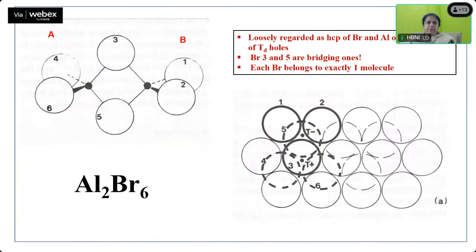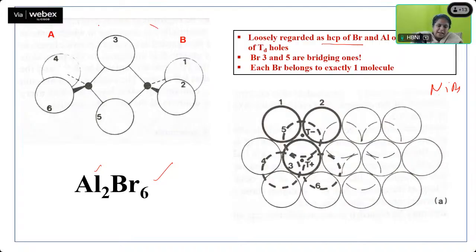What I want to say with this is Al2Br6, the structure is loosely based on hexagonal close packing of bromine. So these are all bromine ions, wherein your aluminium occupies a tetrahedral hole. But you see it doesn't really form the same structure as your nickel arsenide or wurtzite, wherein all the atoms were bonded by the atoms coordinating them.